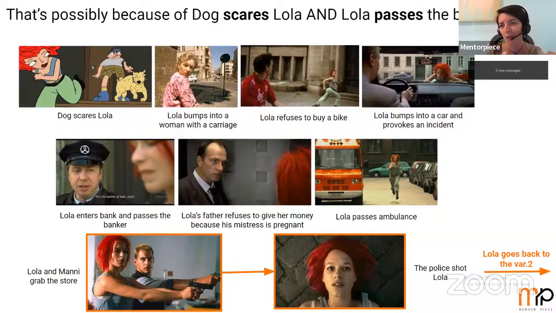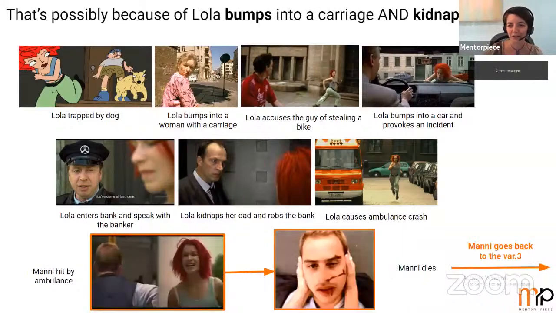This is the cause of the death at the end if we accept the idea of pairwise testing. In the second outcome, Manni dies at the end, that's because Lola bumps into a carriage and kidnaps her dad, for example. Not the combination of all the events.